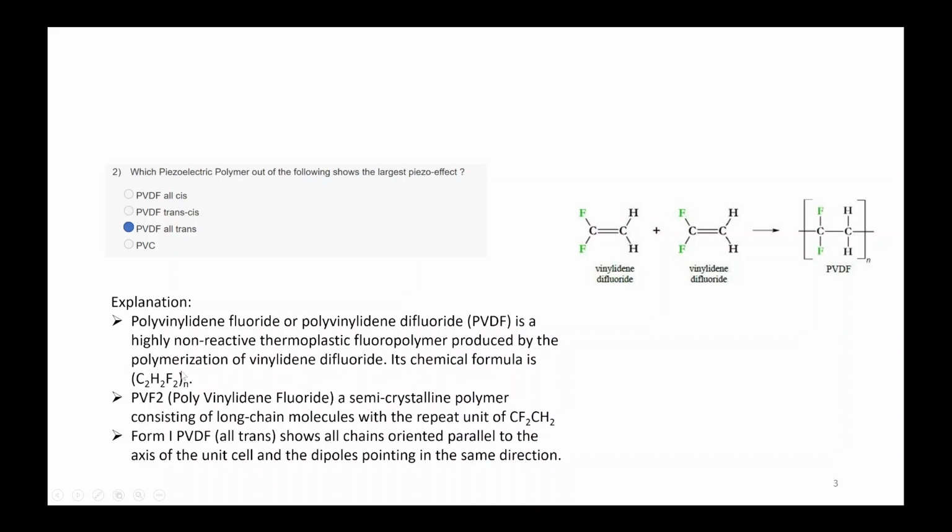This is a monomer unit times the N. So PVF2 is polyvinylidene fluoride, a semi-crystalline polymer consisting of long chain molecules with the repeat unit of CF2CH2. Now form 1 PVDF, which is all trans, shows all chains oriented parallel to the axis of the unit cell and the dipoles pointing in the same direction.